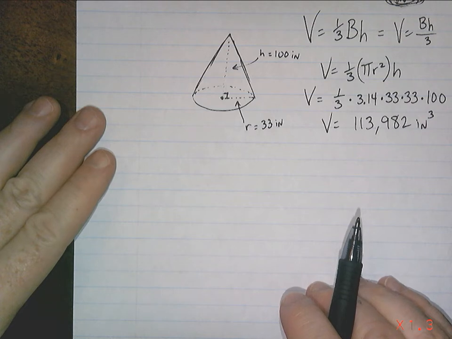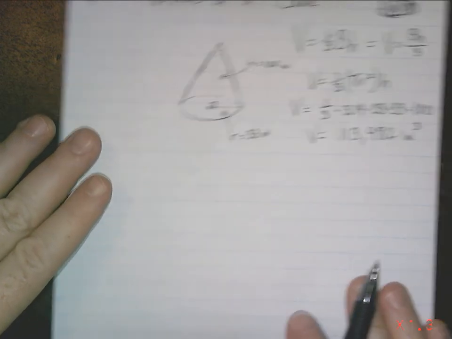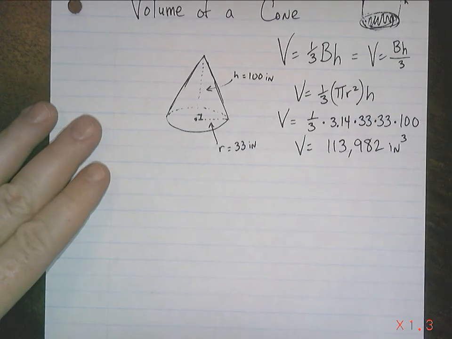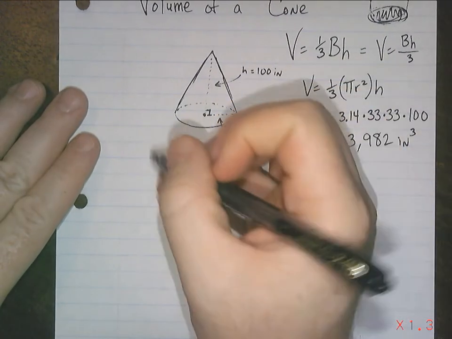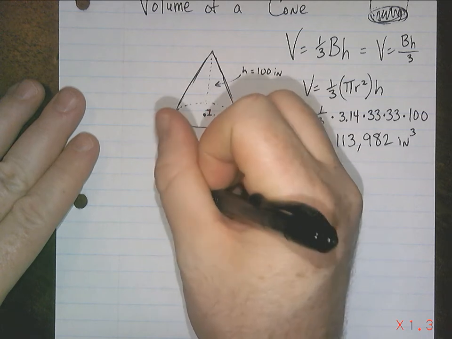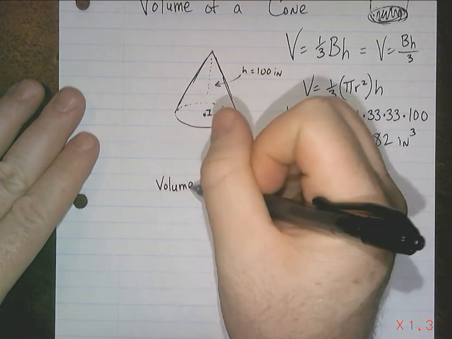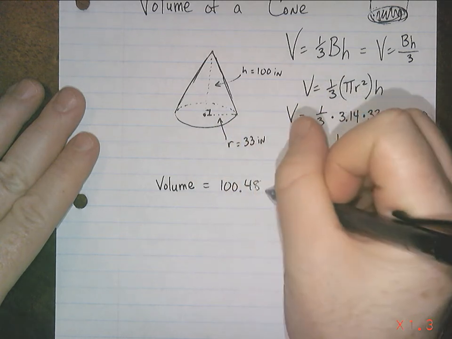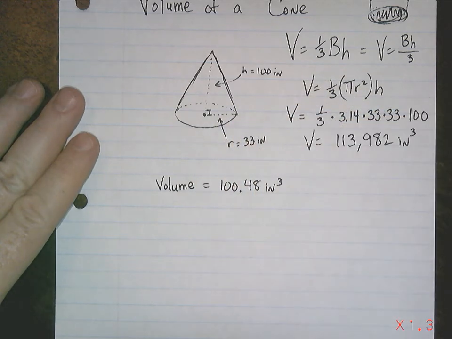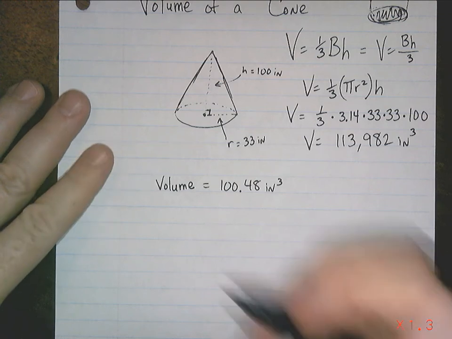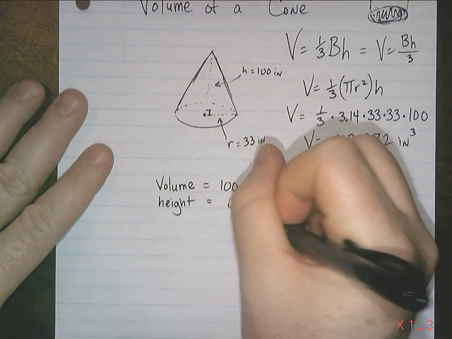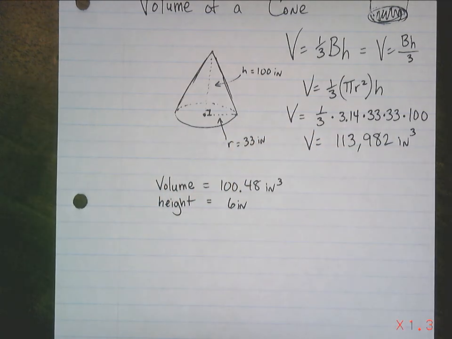Now, I don't really see it in the work that I'm requiring my students, but let's pretend that they say that the volume is already 100.48 inches cubed. And let's say they gave you the height. Let's make this a little bit more interesting. Let's say the height was 6 inches. But they want to know what the radius is. Okay?